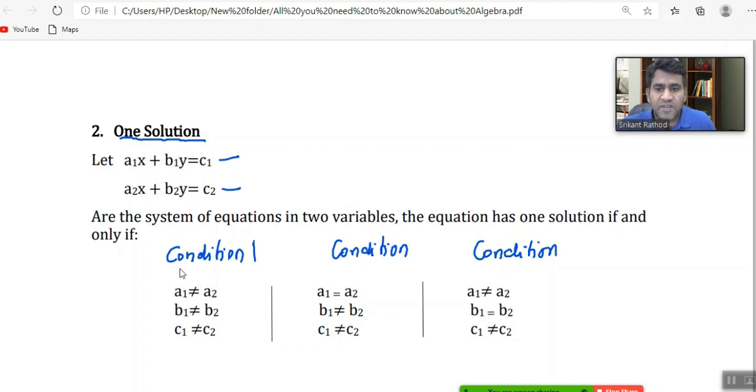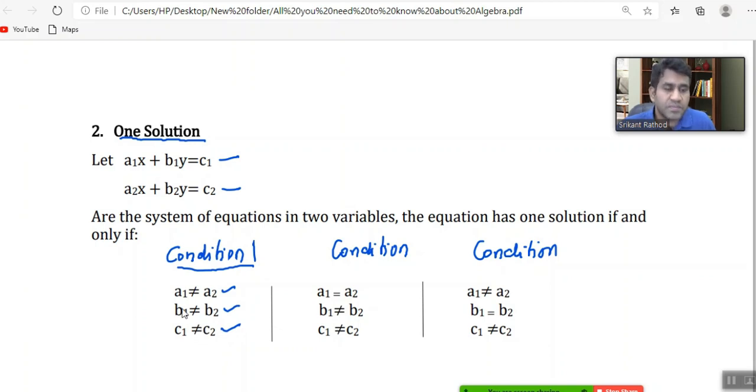Now look at the first condition for a system of equations to have one solution. The first condition says the coefficient of x and the coefficient of y in both the expressions should be different. That is, a1 should not be equal to a2, b1 should not be equal to b2, c1 should not be equal to c2. This is the first thing we check.